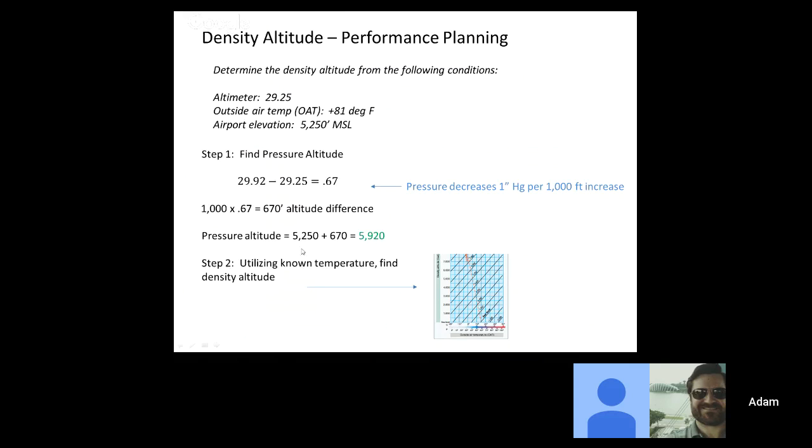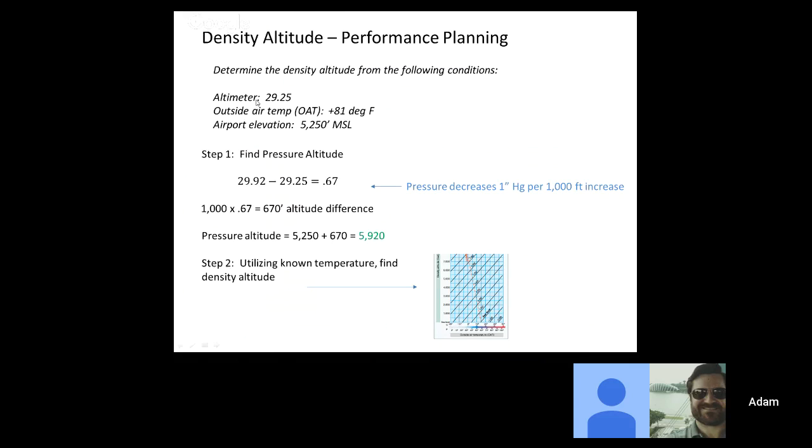So my pressure altitude is my current altitude plus the difference. You know whether to add or subtract that 670 based on whether your current altimeter setting is below or above standard. Bear with me through this explanation. If your current altimeter setting is below standard, that means you're actually higher than your standard datum plane. Why?